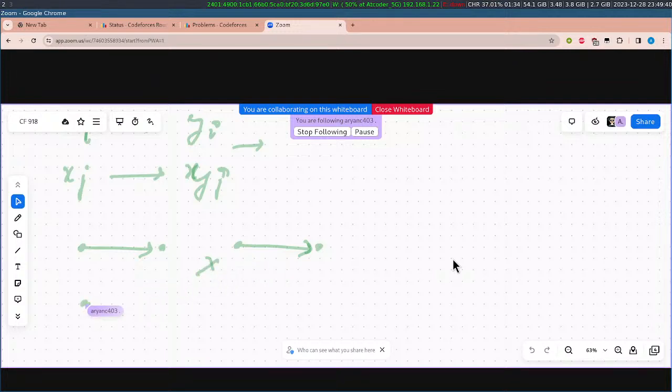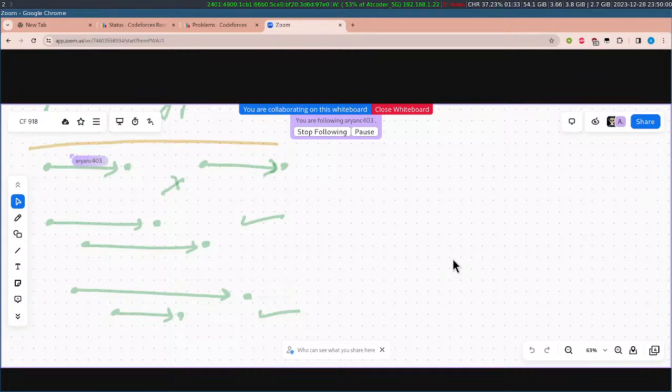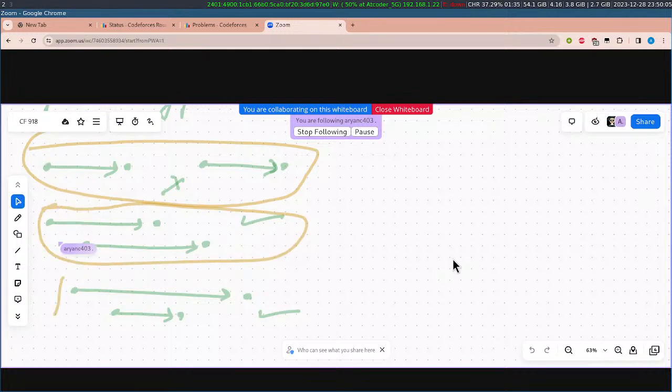But if the starting and ending points are like this, they will definitely meet. If the starting and ending points are like this, then also they will definitely meet. This is the case when they will not meet. This is the case when they will meet. So this is the case when they will not meet as well.